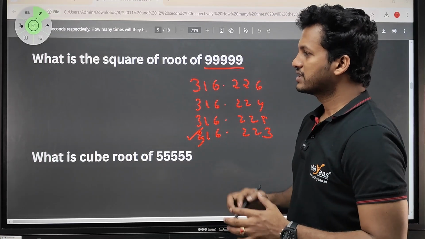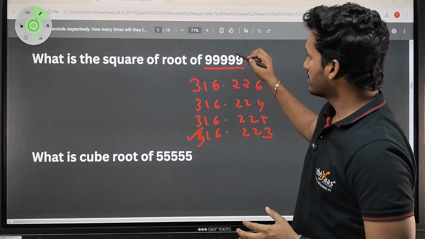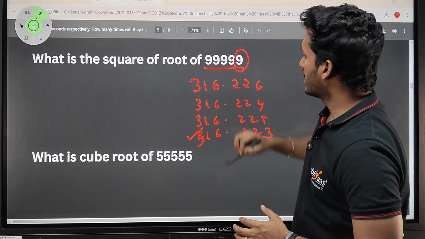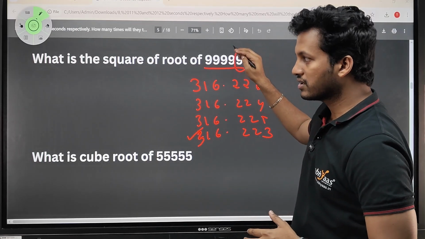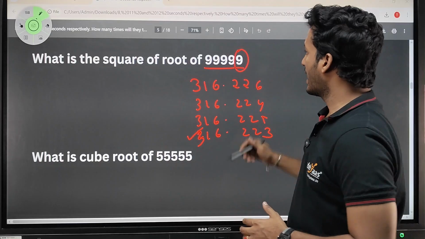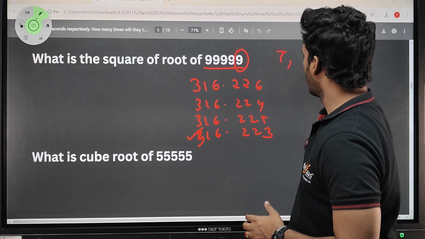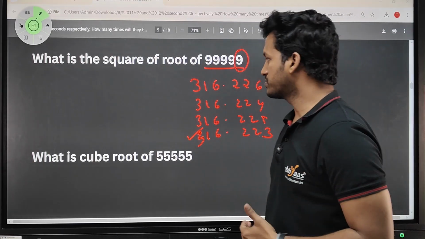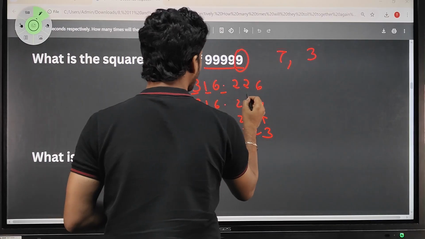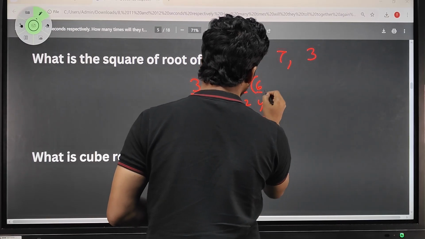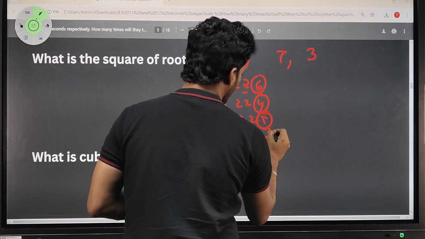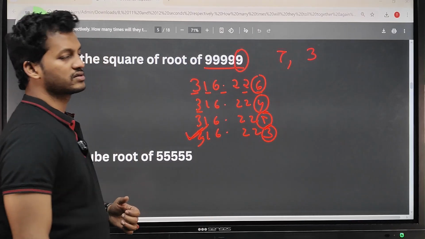Why? Because they come to the conclusion that whenever a number ends with 9, the square root will obviously end with either 7 or 3. So in the given options, whichever number has an ending digit 7 or 3 will be taken as the answer.